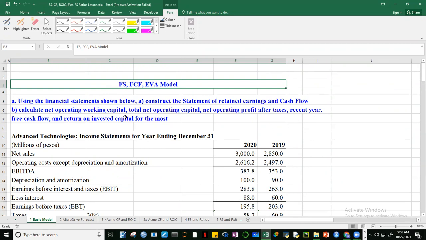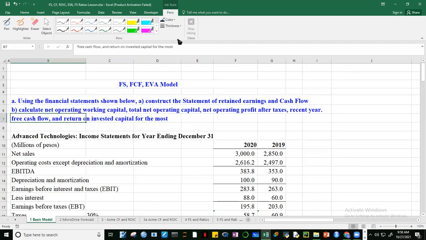So what are we required here? We're required to construct the statement of retained earnings, cash flows, net operating working capital, total net operating capital, net operating profit after taxes in the recent year, the free cash flow, and the ROIC.